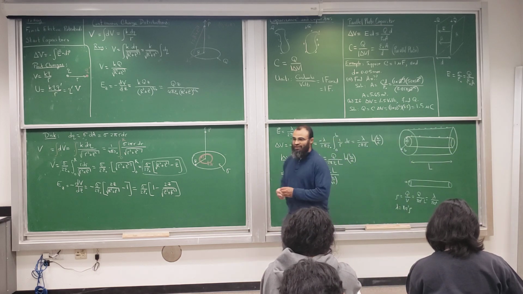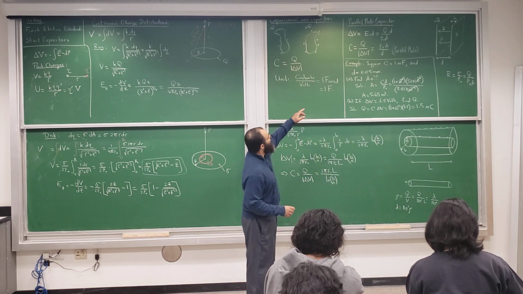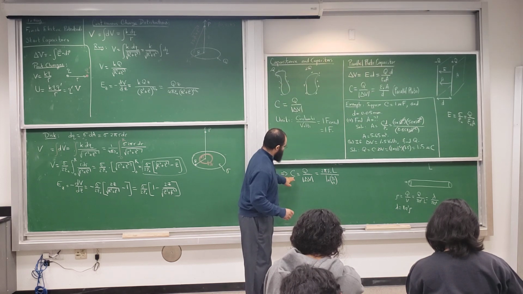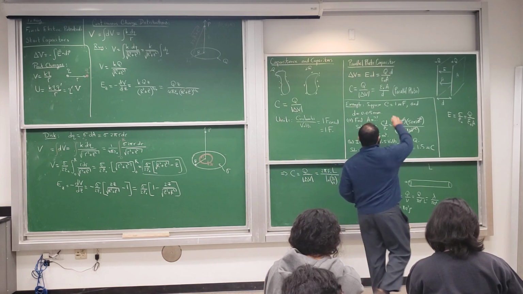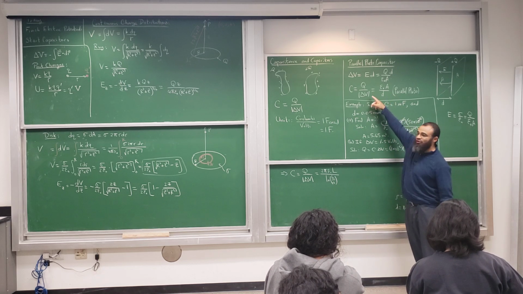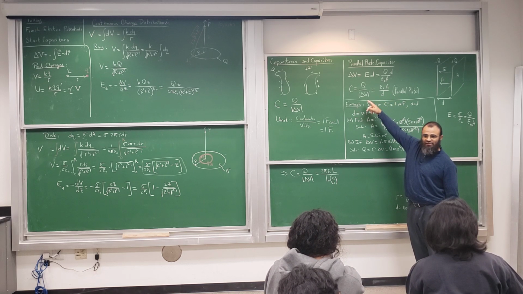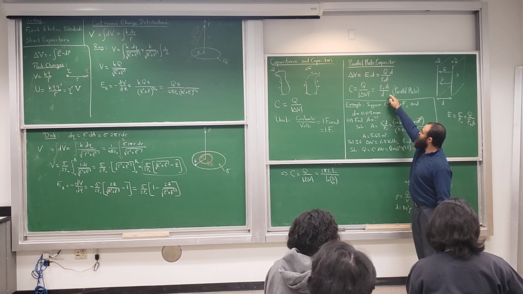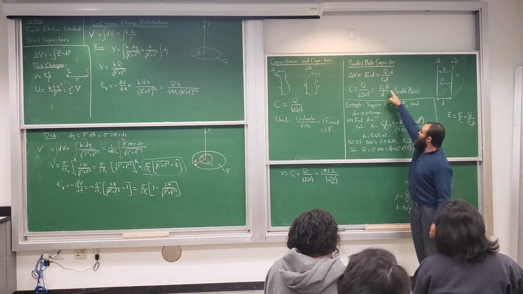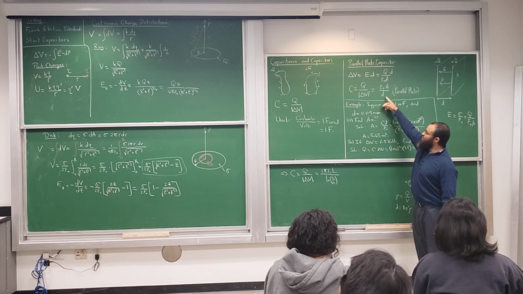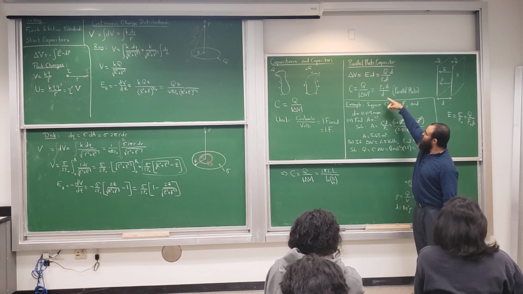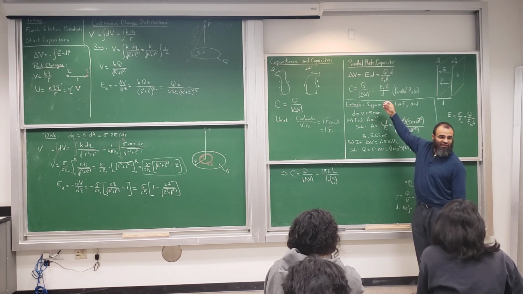I was going to say a couple things. Notice capacitance, by definition, is charge over potential difference. But then charge ends up canceling, and we end up with area over distance. The area is the area of the plates, and B is the distance between the plates. So capacitance is a geometric quantity at the end.